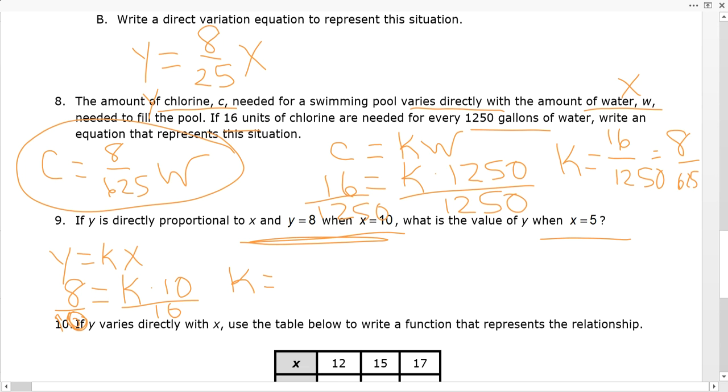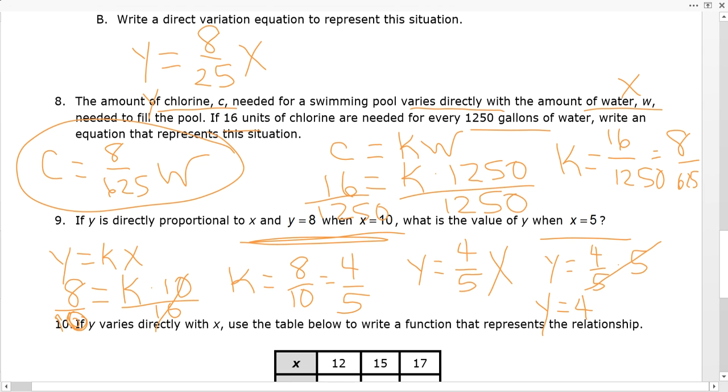K is equal to 8 over 10, which is 4 over 5. So my equation is going to be y equals 4 over 5 x. So I want to know y when x equals 5. So I'm going to have y equals 4 over 5 times 5. My 5's cancel out. Y is equal to 4. So when x is 5, y is 4.